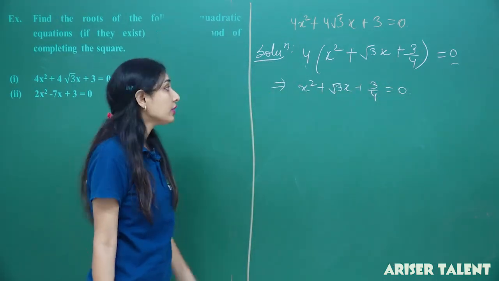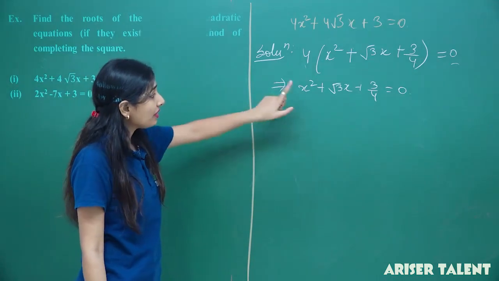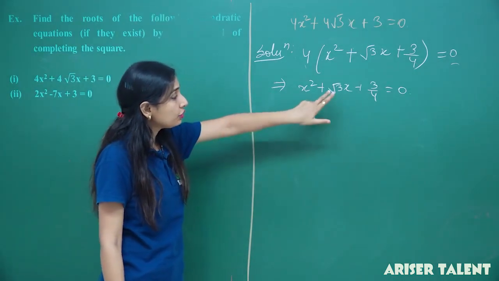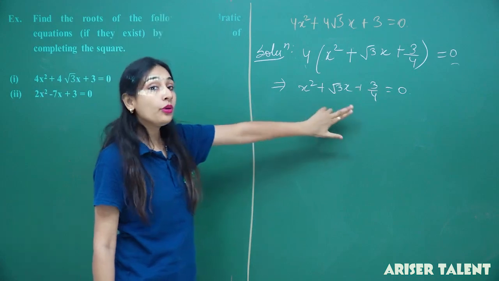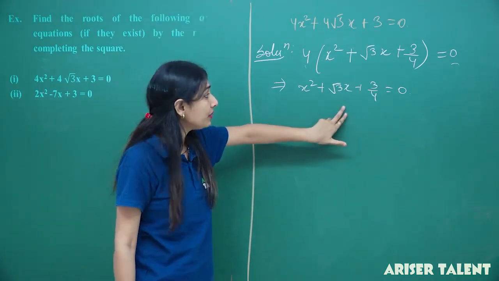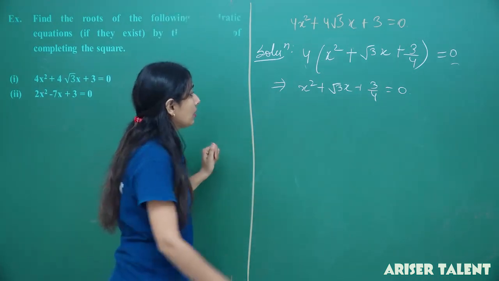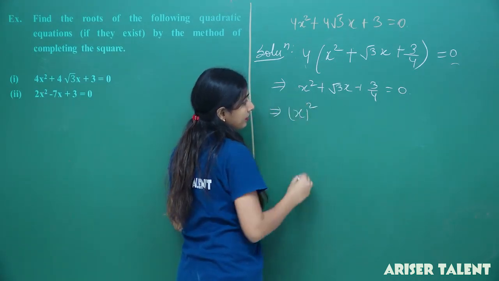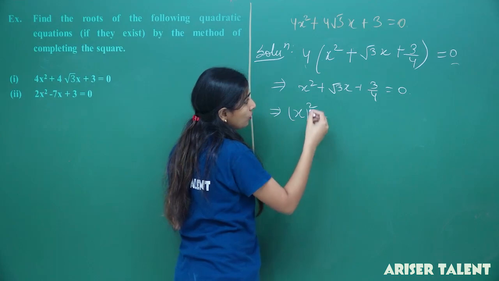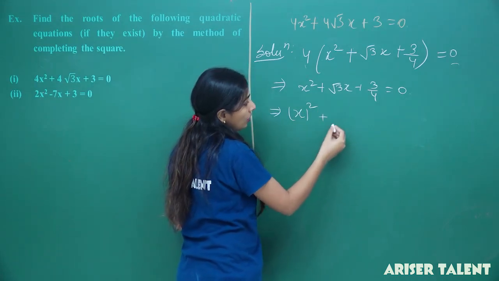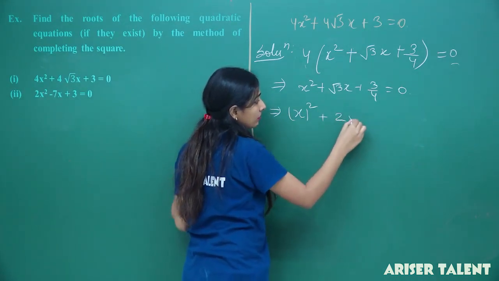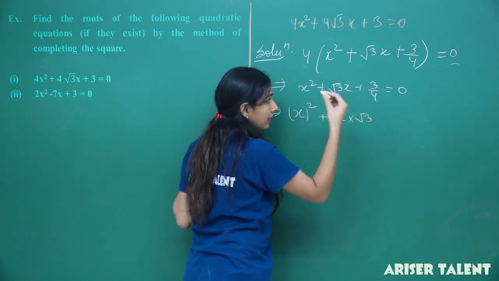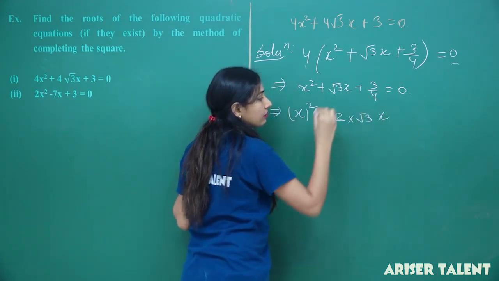Okay, now what? I have this a square. I have to change it into 2ab, somehow 2ab, which should be this. Okay, so let's try. I am telling you to change it now to a and b.